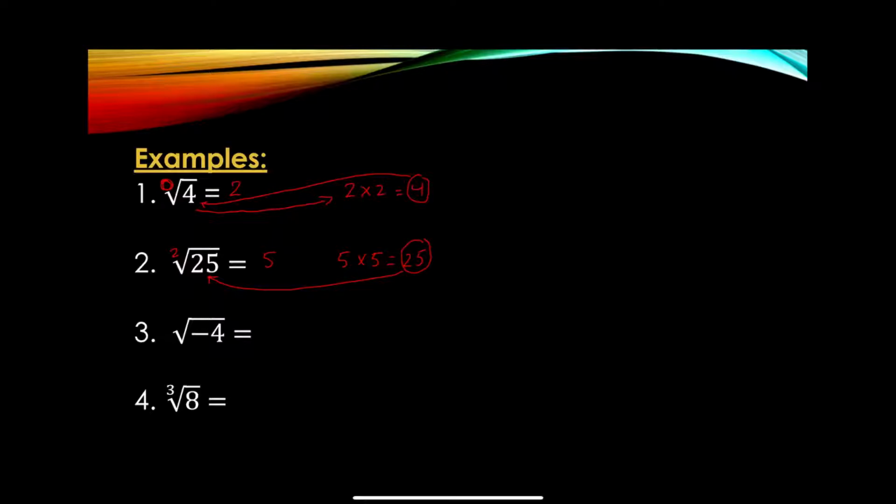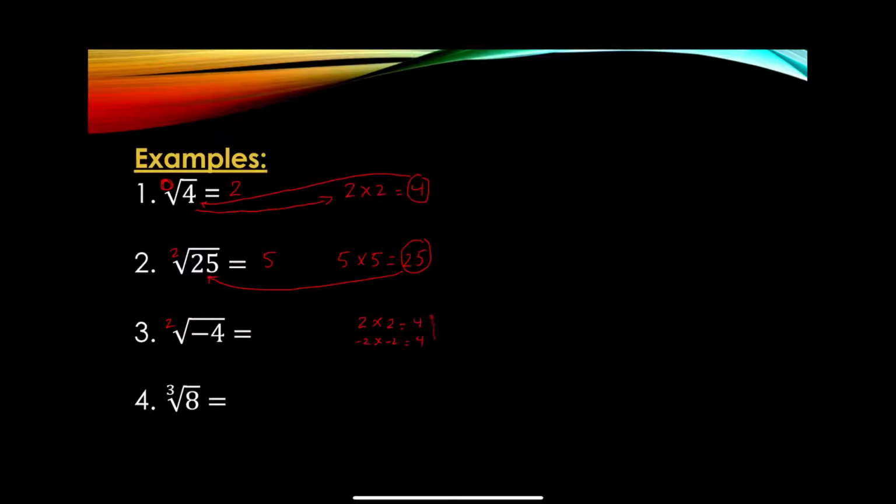Now, what is the square root of negative 4? Ask yourself, what is the number that we multiply together by itself 2 times and will give us negative 4? Let's try. We know that 2 times 2 is equal 4, and negative 2 times negative 2 is equal to 4 also. So there is no number.